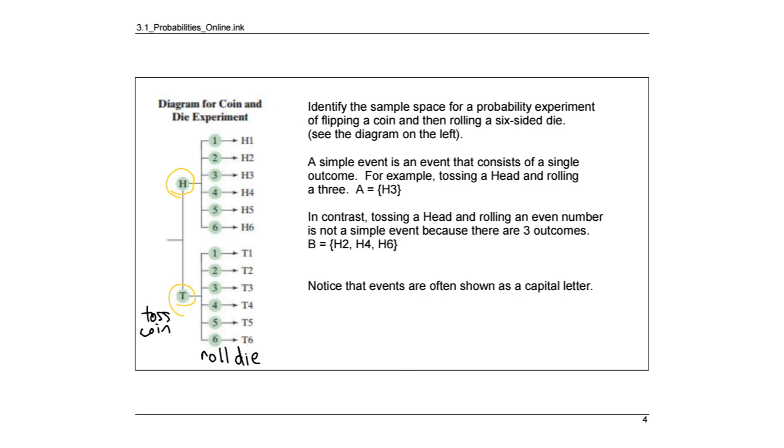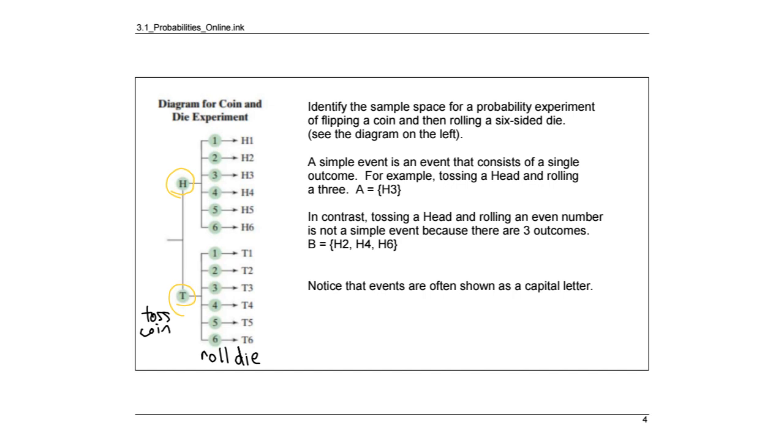Because it's a 6-sided die, we could get any one of those 6 sides, so we could get heads and a 1, heads and a 2, heads and a 3, and so on. And then the same thing could happen for tails. If we get a tail first and then we throw the die, we would also have those 6 choices. So we actually have 12 different outcomes. Our sample space would be H1 through H6, T1 through T6.